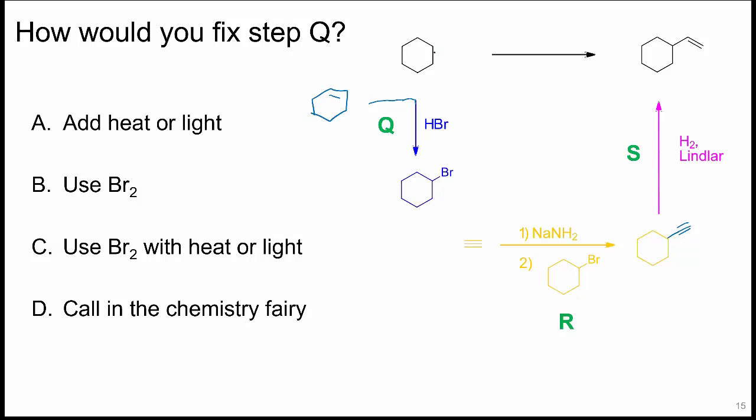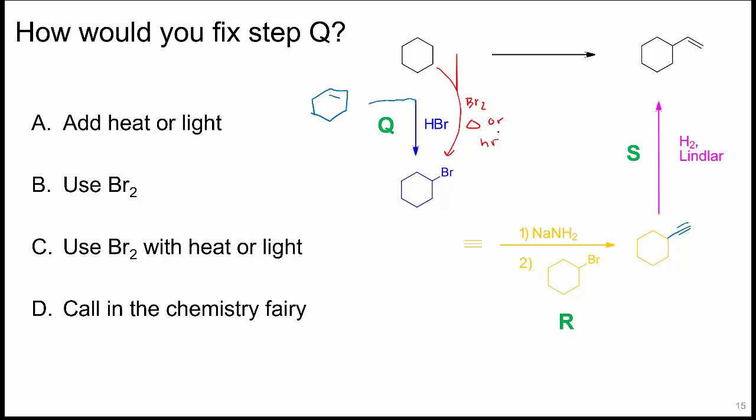We have to use a radical reaction to insert that bromine there. So we're going to use Br2 with heat or light. We can't just use Br2, because that's another reagent that will add 2 bromines across a double bond. So we need Br2 with heat or light.